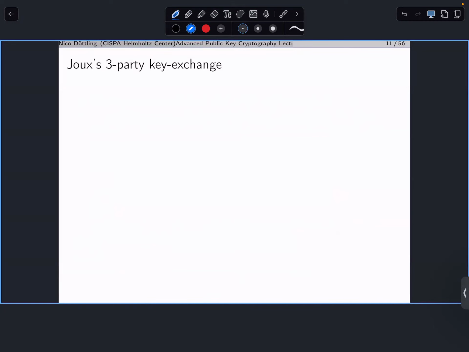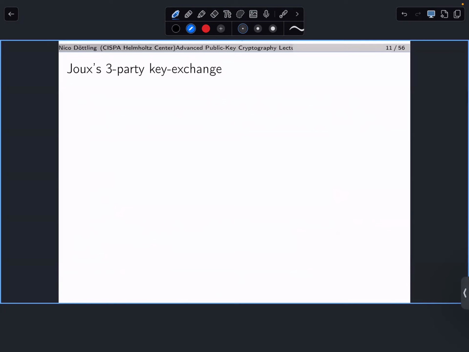How are we going to do this? Let G be a bilinear group of prime order p, and e from G times G to G_T a bilinear pairing.